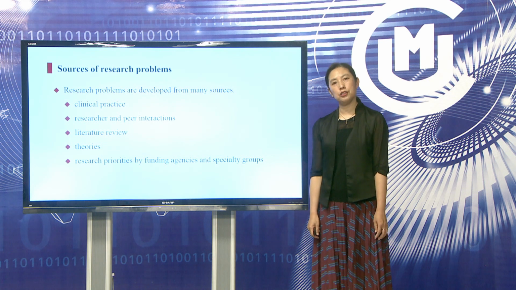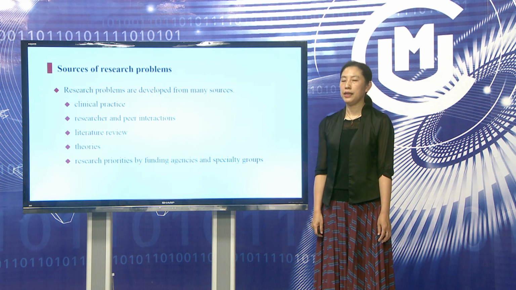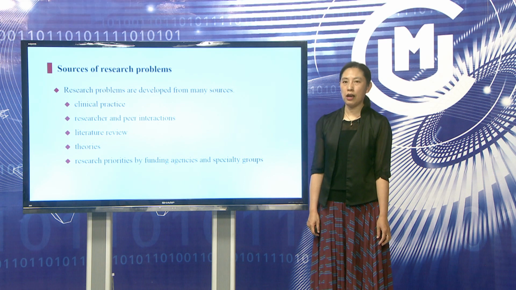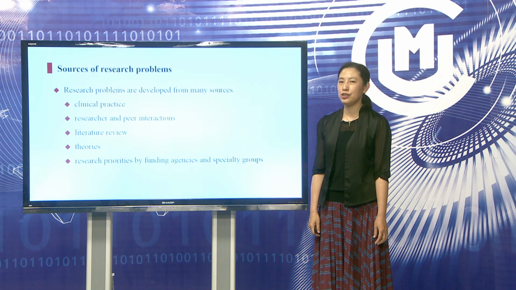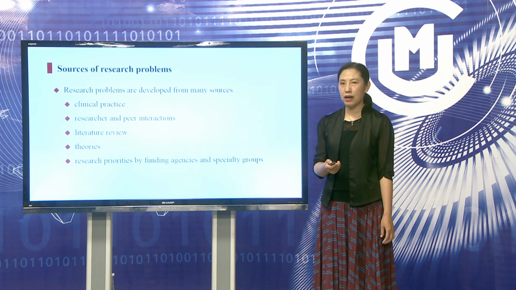So think about your research problems, and please write them down on the discussion board, and we are looking forward to seeing your thoughts and your problems. So we will discuss it later.